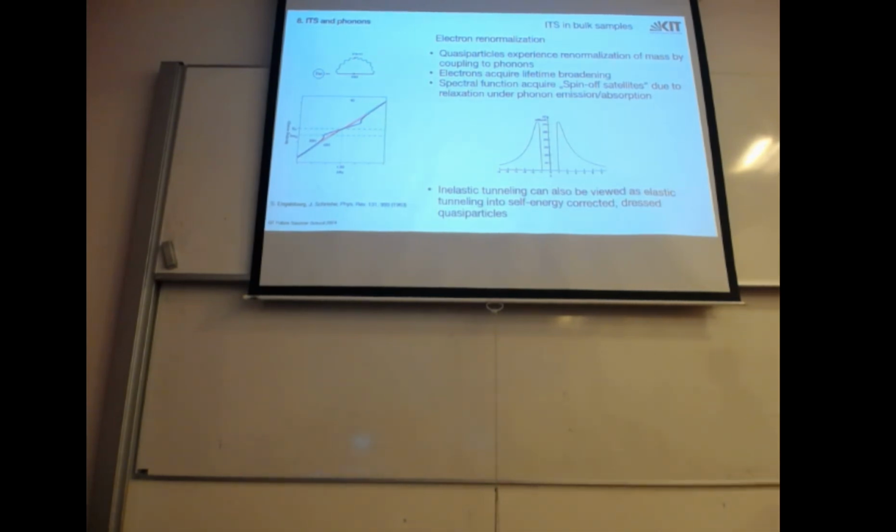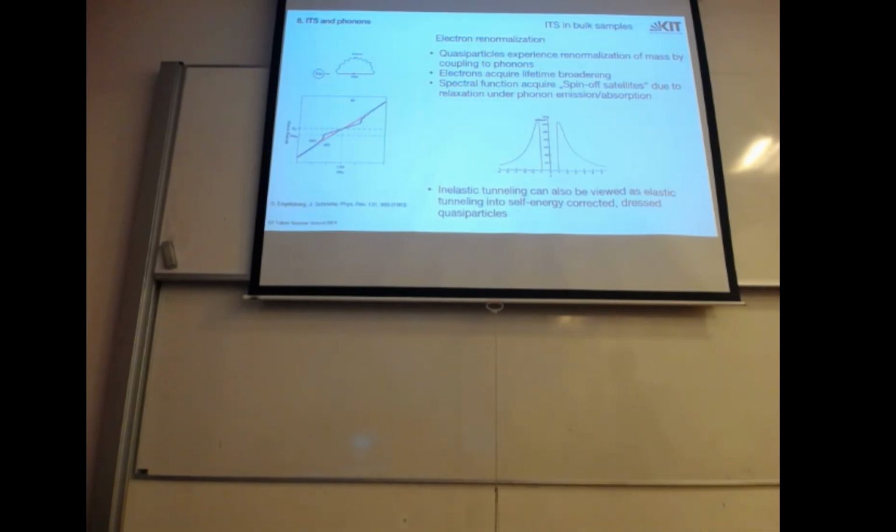Solve the equation of motion of the electrons in the potential, in a single-particle approximation or DFT or whatever, and you get a dispersion relation which describes the motion of the electrons, quasi-particles actually. But you neglected the lattice degrees of freedom.